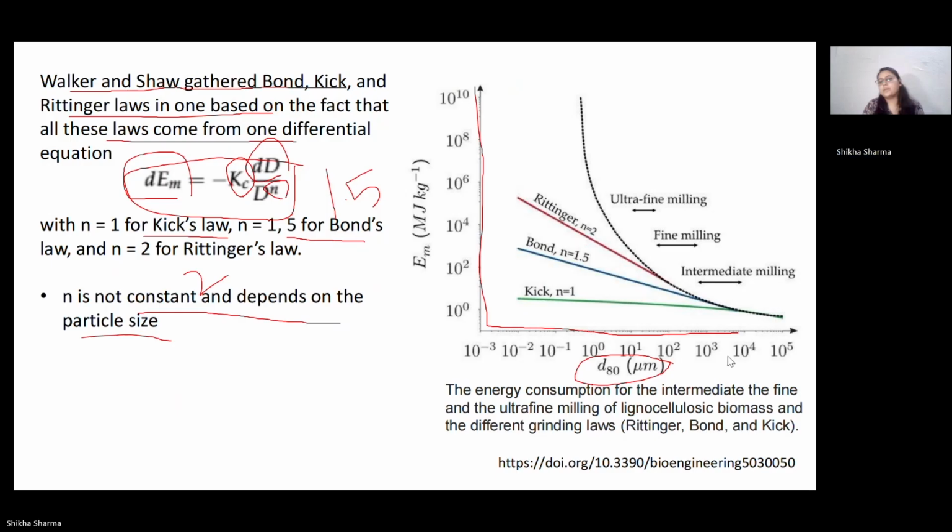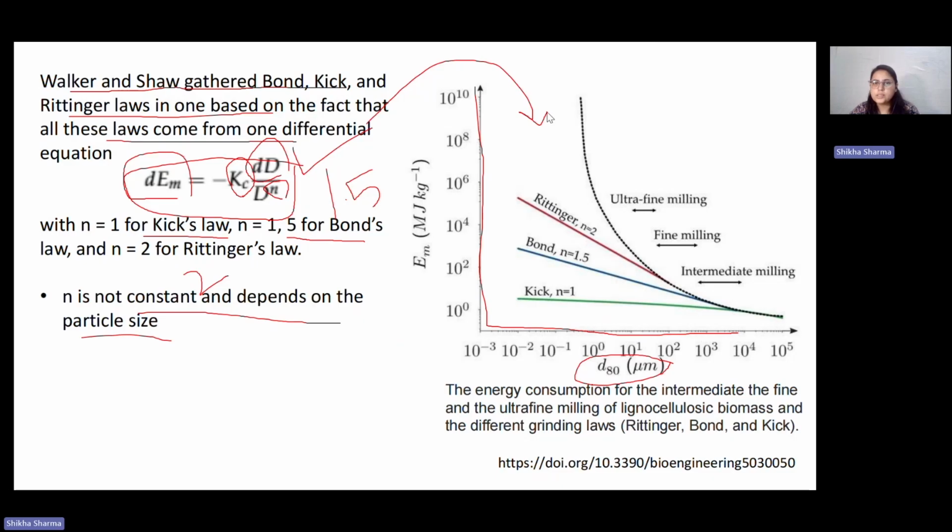Walker and Shaw gathered Bond's law, Kick's law, and Rittinger's law together and made one equation, and we are plotting this equation.